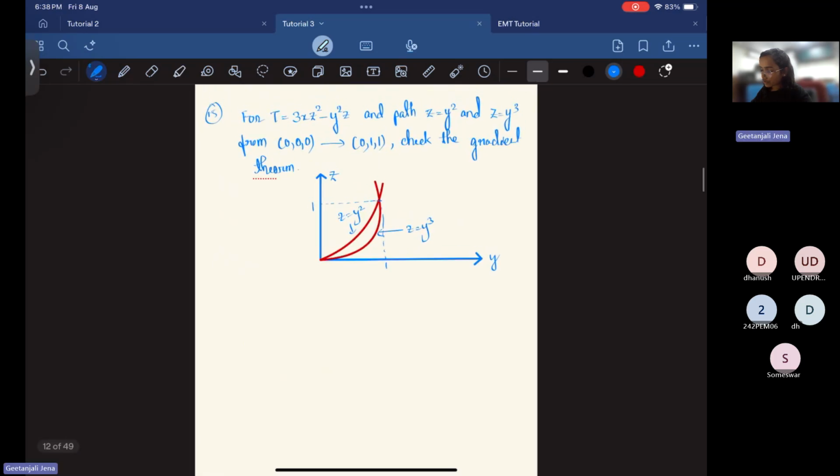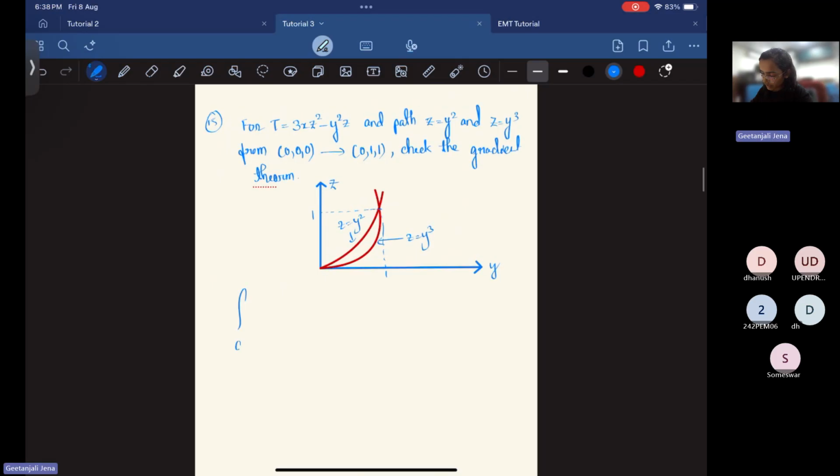This one is easy. You just need to check whether the gradient theorem is satisfied here or not. Remember the gradient theorem: the integral from A to B of gradient of T dl should be Tb minus Ta.